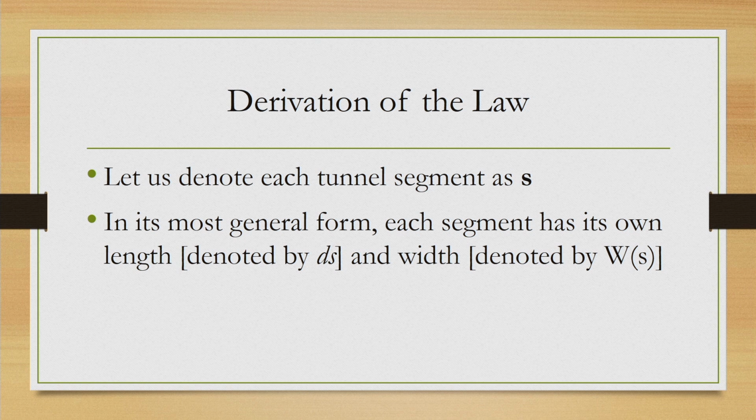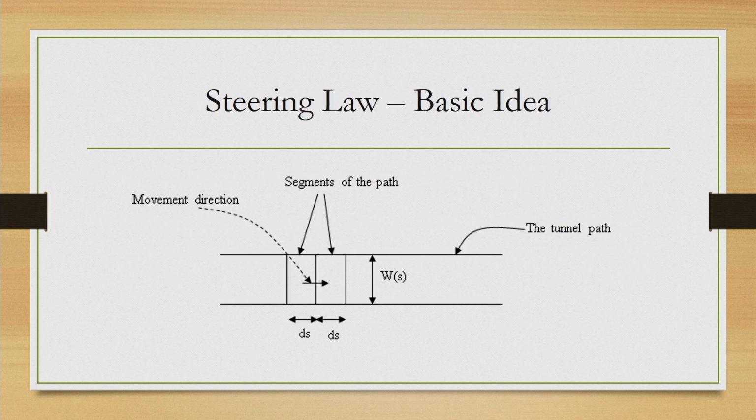Let us denote each segment by S. Now, in its most general form, each segment has its own length denoted by ds and width denoted by ws. Let us assume these terminologies. Then we can depict the entire scenario of tunnel movement during constrained navigation with this illustration. Here, as you can see, this is the tunnel. Now, in this tunnel we have divided it into sub segments.